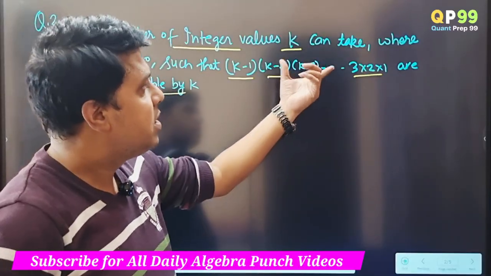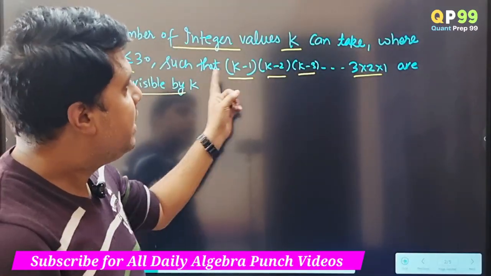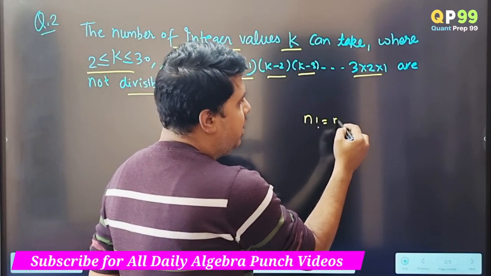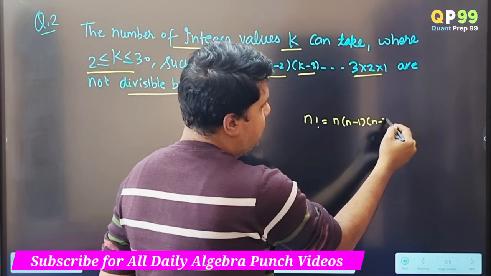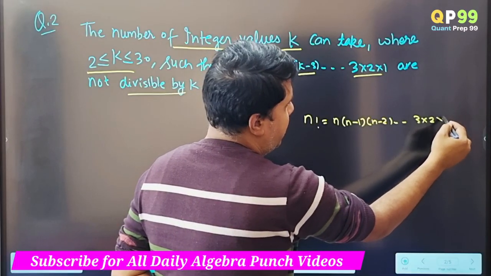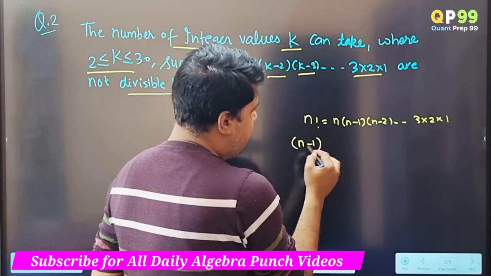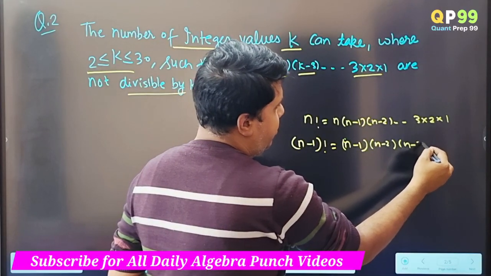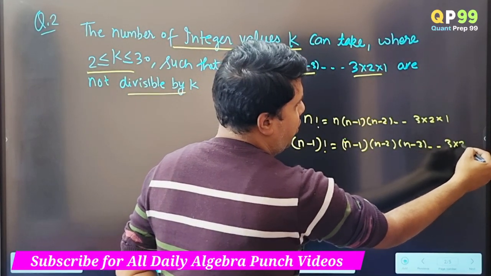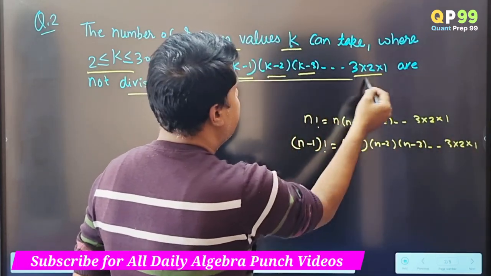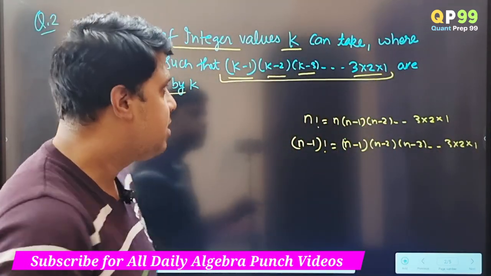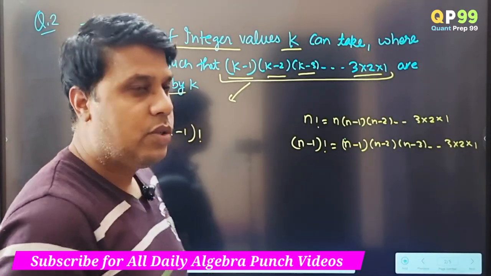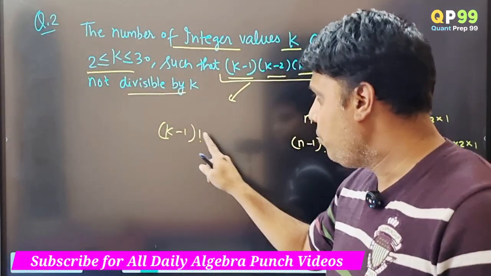Once you focus on this product: if I expand n factorial, this is n, n minus 1, n minus 2 until 3 into 2 into 1, and similarly if I expand n minus 1 factorial, this is n minus 1, n minus 2, n minus 3, and up to 3 into 2 into 1. So this complete expression is nothing but K minus 1 factorial, right?